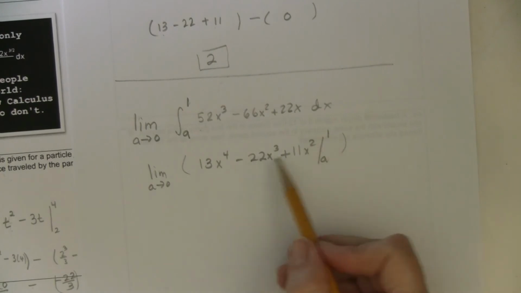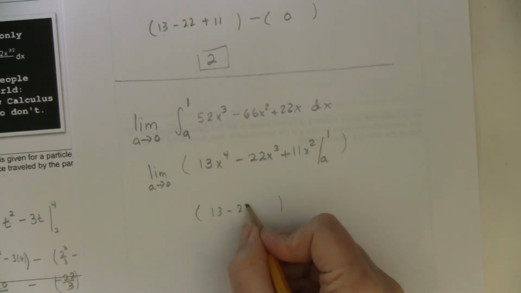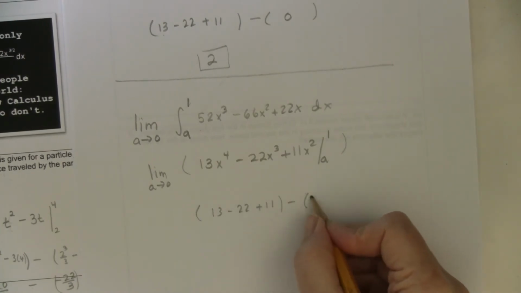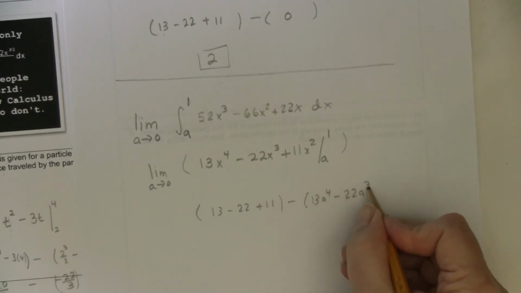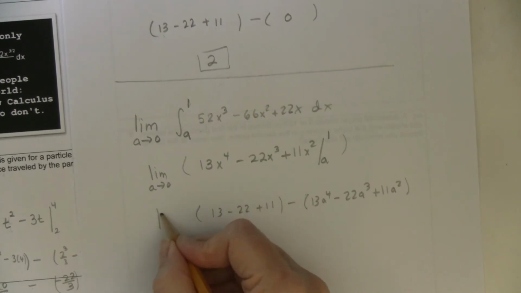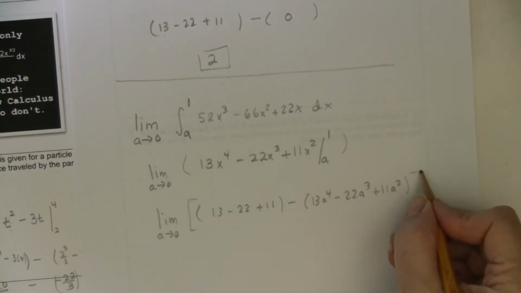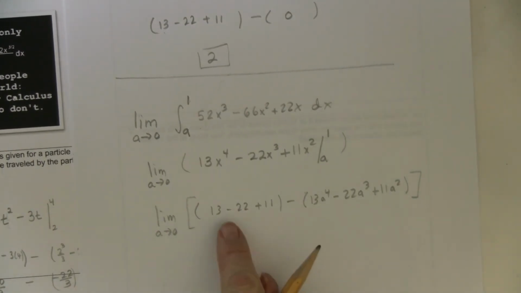And then you do your upper bound minus your bottom bound. So this is 13 minus 22 plus 11, right? Minus 13a to the 4th minus 22a to the 3rd plus 11a to the 2nd. And you're going to do the limit as a goes to 0, as we get closer and closer to 0, right? So this part doesn't have a in it. So this is 2.